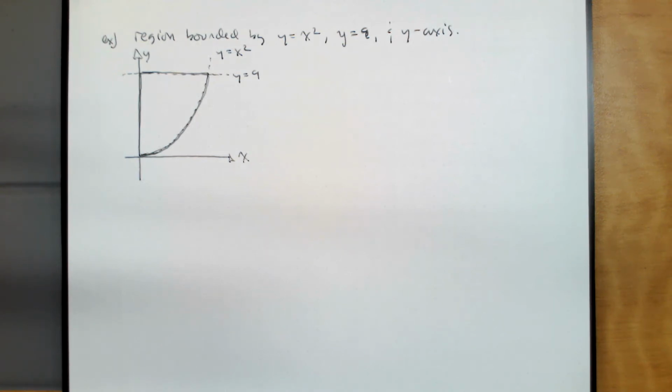So here's our region. We've used this one before. Let's pick an axis and write an integral for a horizontal slice and a vertical slice.